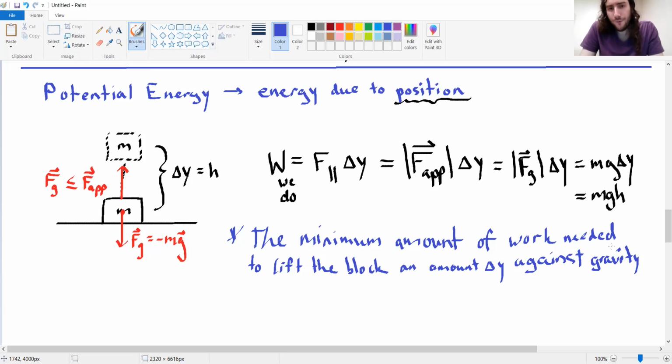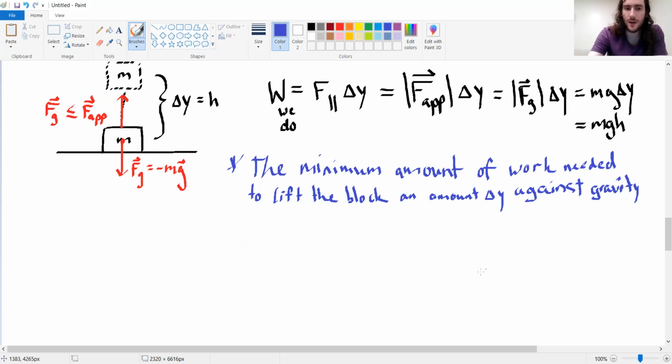And so if our applied force is equal and opposite to the gravitational force on this object, what is the net force on the object? Well, we could think about a summation of forces, right?